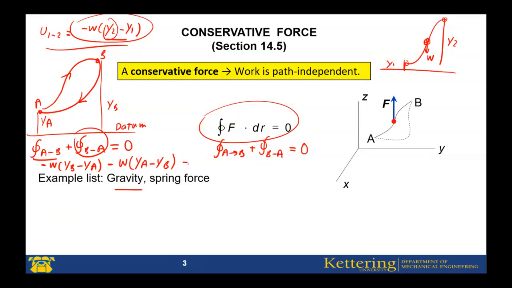If we calculate this, it is minus WYB plus WYA minus WYA plus WYB. This cancels with this, and this with this. It is equal to 0. Now I have shown you that the weight is a conservative force.